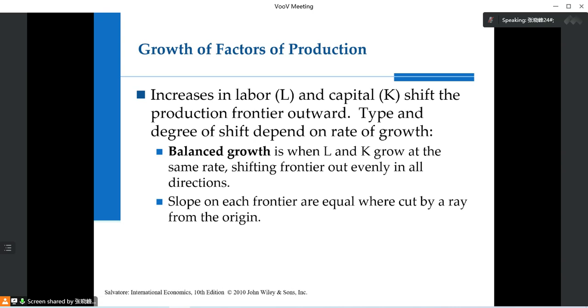We use the capital L to represent labor, and the capital K to represent capital. An increase in labor and capital shifts the production frontier outward. That means the higher the productivity and the more the production.